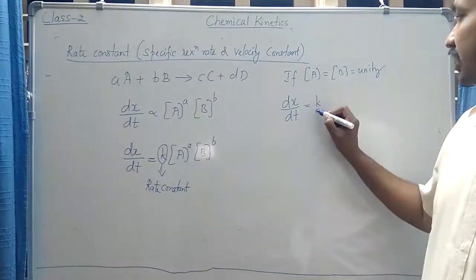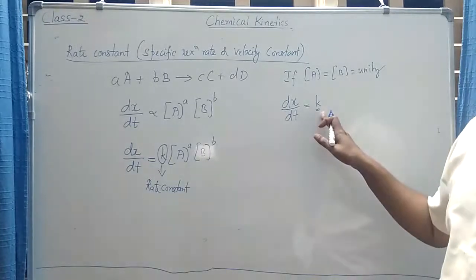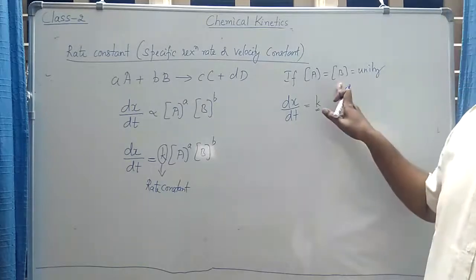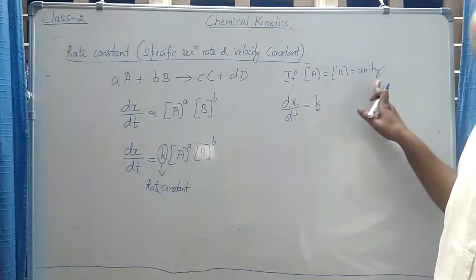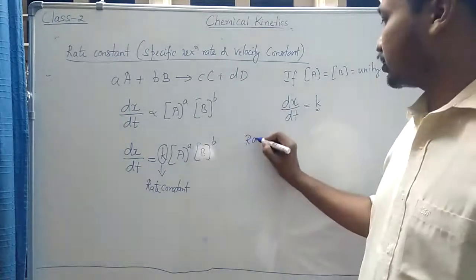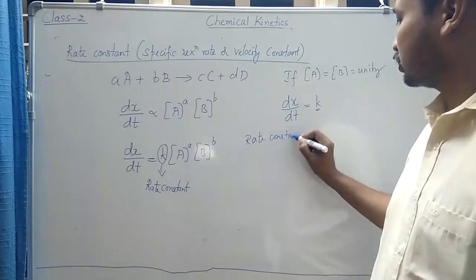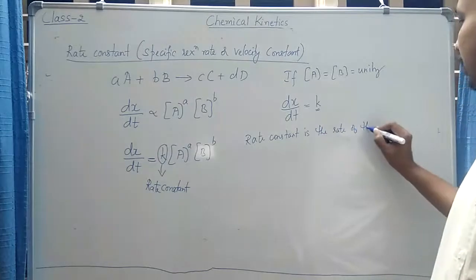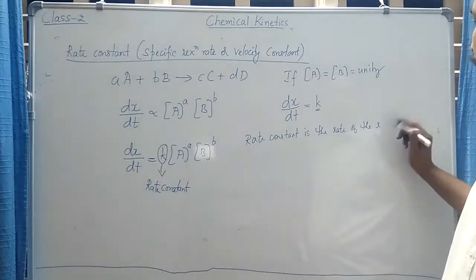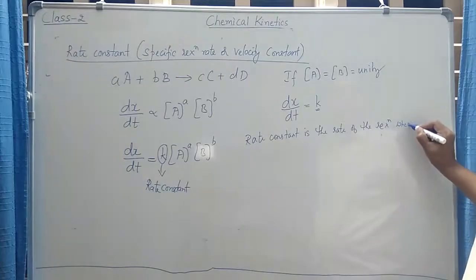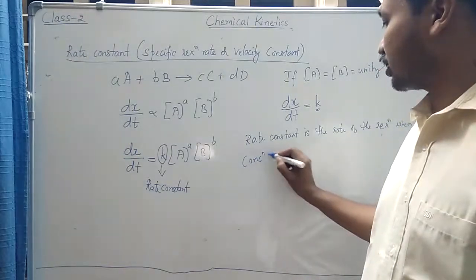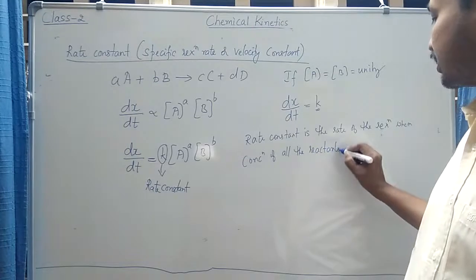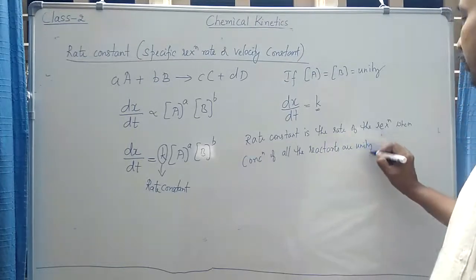So what is the rate constant? The rate constant of a reaction is nothing but equal to the rate of the reaction when the concentration of all the reactants is equal to unity.